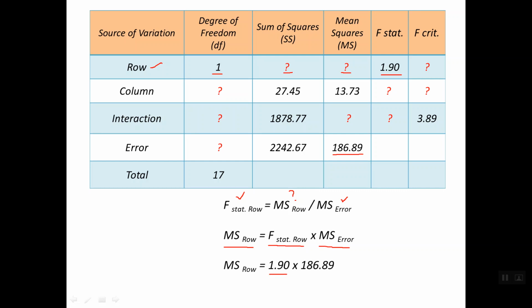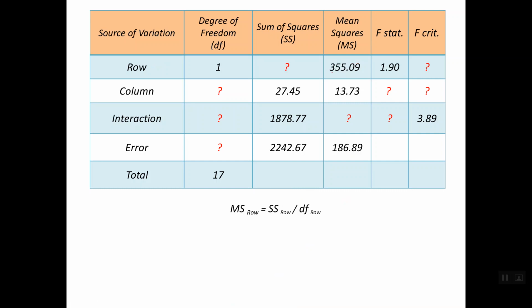This is the value of the F statistic for the first factor, 1.90, and this is the MS for the error, 186.89. So we can get the value of the mean square for the row, or the mean square for the first factor, 355.09. So this is the calculated value for the mean square.